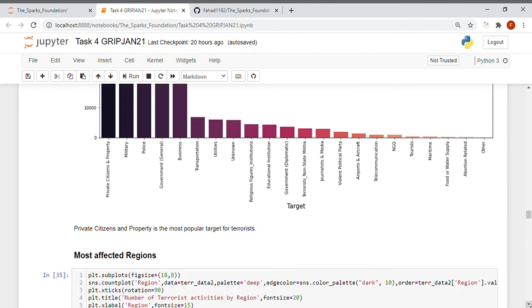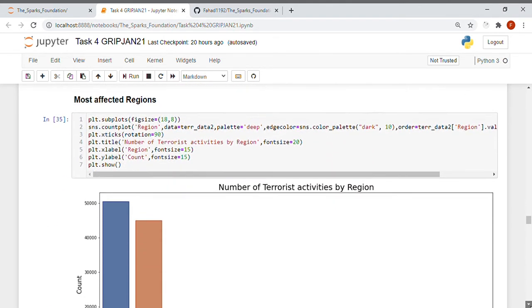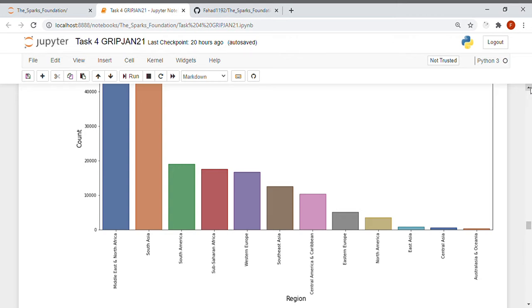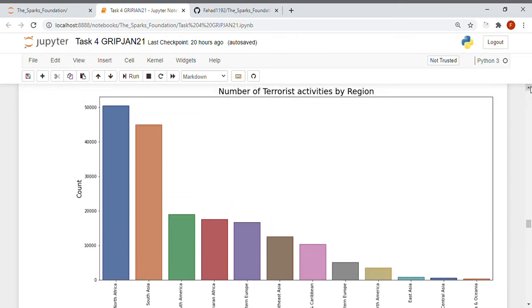Syria nowadays. The most affected region is definitely the Middle East and North Africa. South Asia is number two, which is a bit surprising, but not at all, because Pakistan and Afghanistan are part of South Asia, so it has increased in numbers.